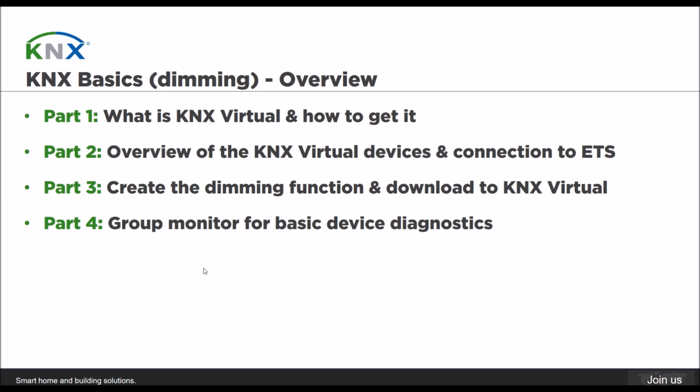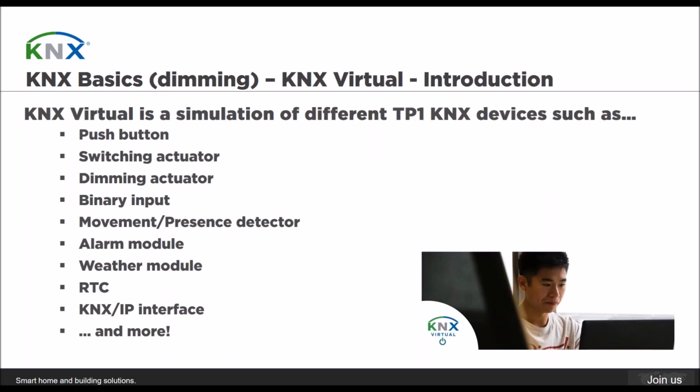In general, today's goal is to show you how to realize the basic function dimming in ETS with KNX Virtual devices. So, in order to show in practice how to create that basic function, we need some devices and of course our software ETS Professional.